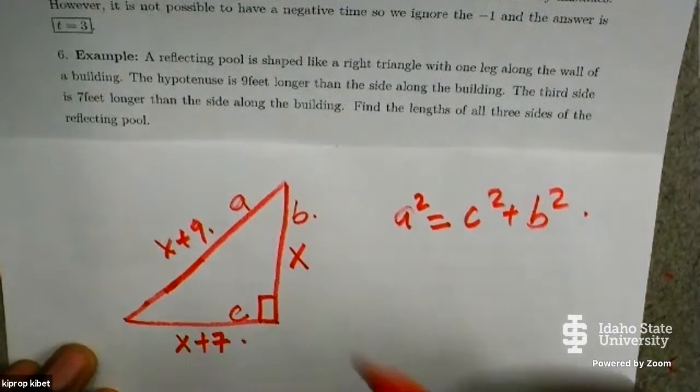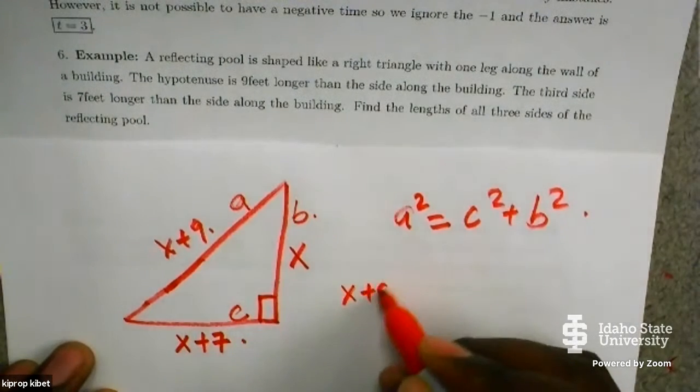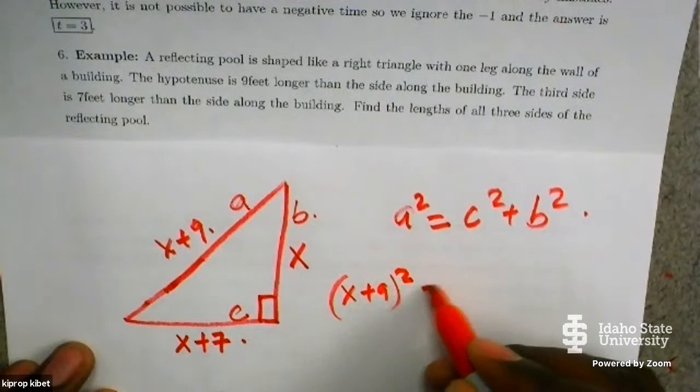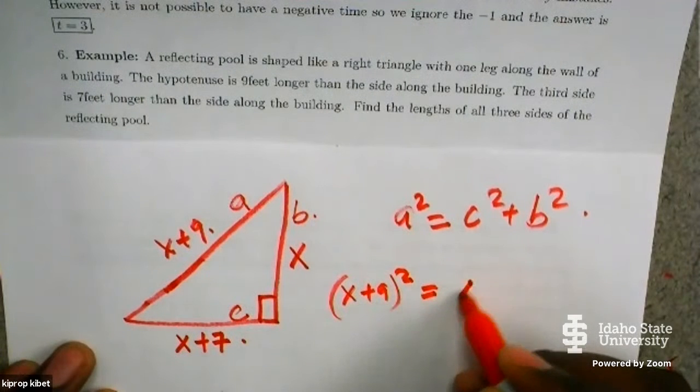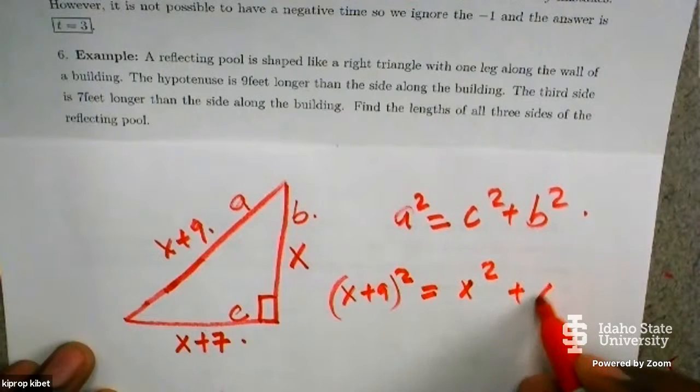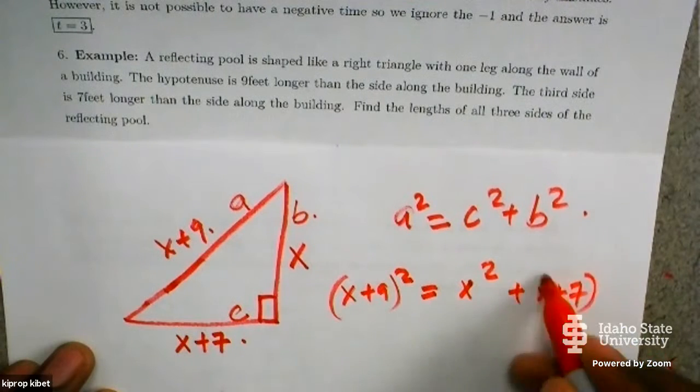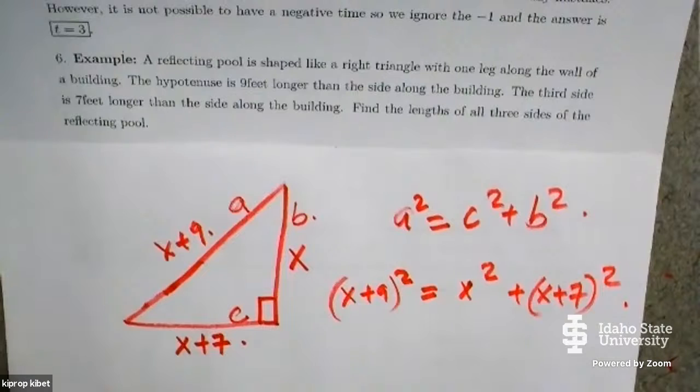Now here, it will be x plus 9 squared equals x squared plus what? X plus 7 squared. Now you expand that.